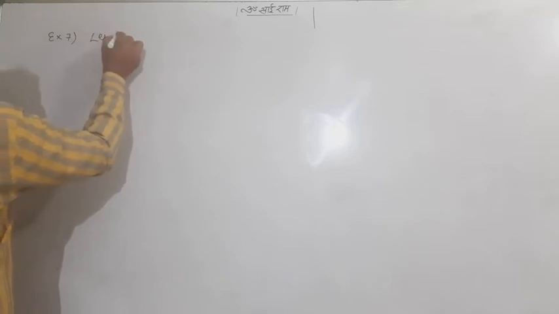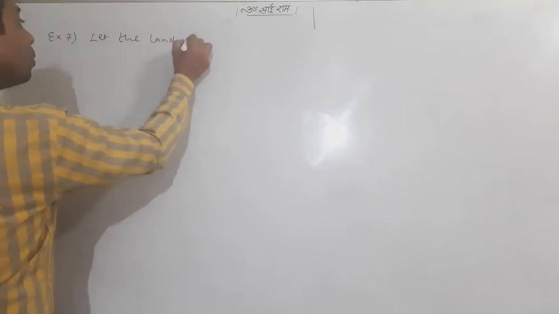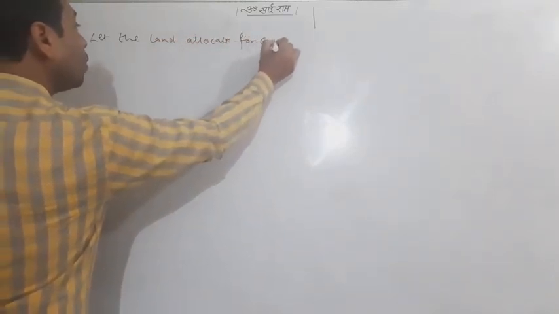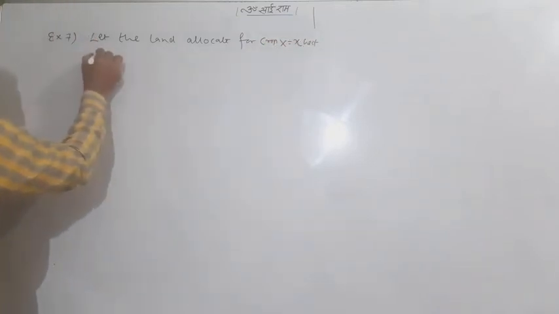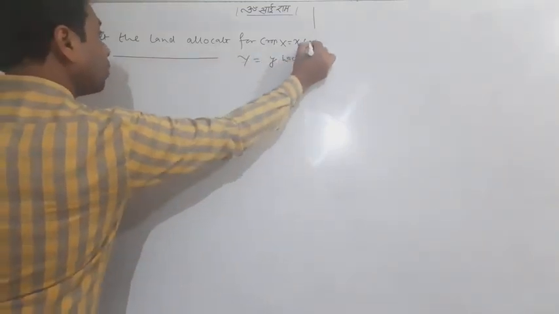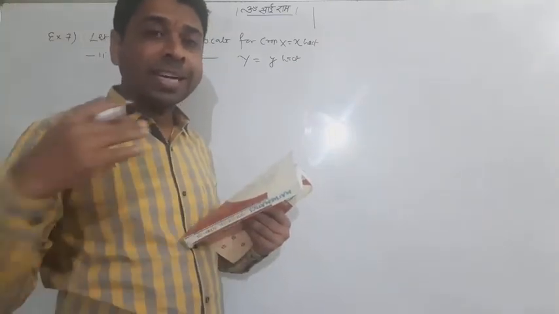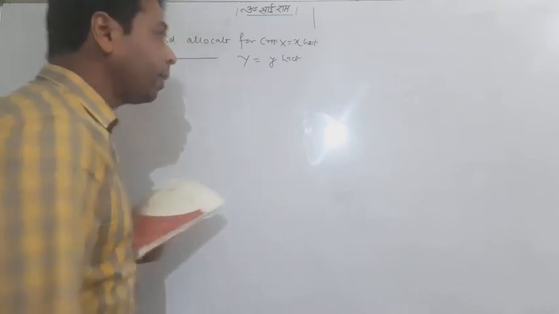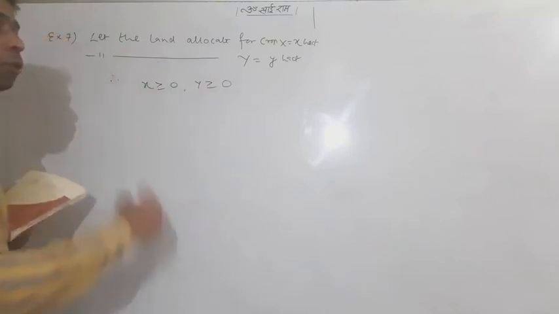Let the land allocated for crop X be X hectare, and the land for crop Y be Y hectare. Now you have understood that for crop X, X hectare land is allocated, and for crop Y, Y hectare land is allocated.